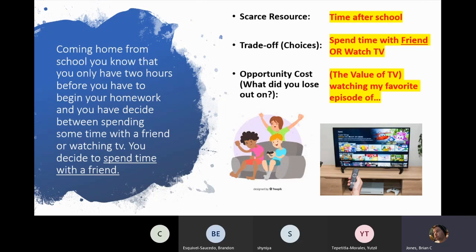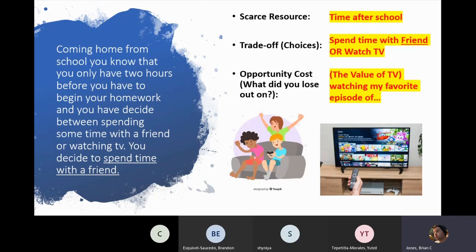Or it could have been spending time with a family member who would be watching TV with me. So there's a lot of different things you could have gotten from that. So there could be some variation in our answers depending on what it is that you value about the choice. What is it that you value about TV? So I put watching my favorite episode.